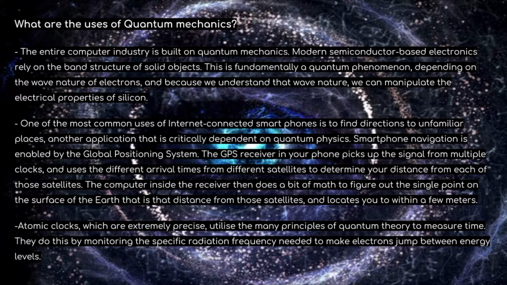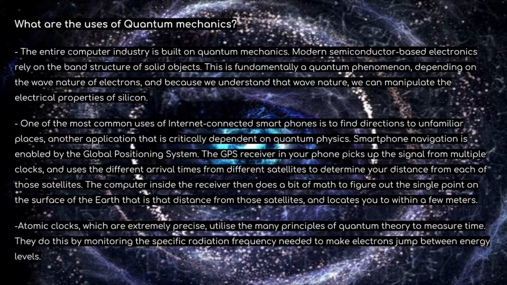One of the most common uses of internet-connected smartphones is to find directions to unfamiliar places. Another application is critically dependent on quantum physics. Smartphone navigation is enabled by the global positioning system.